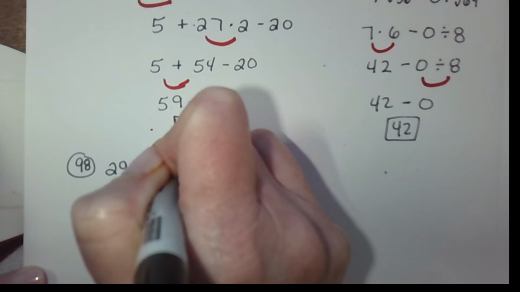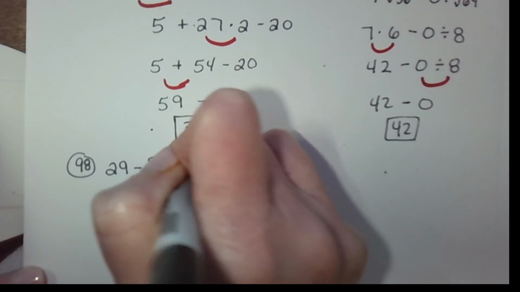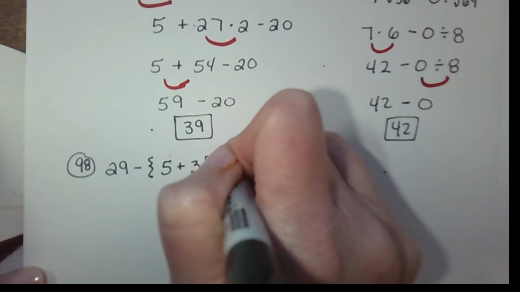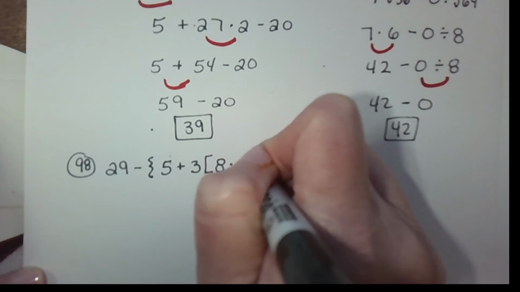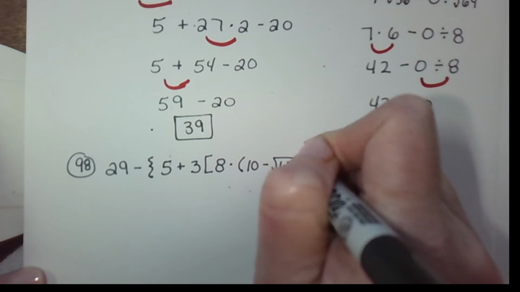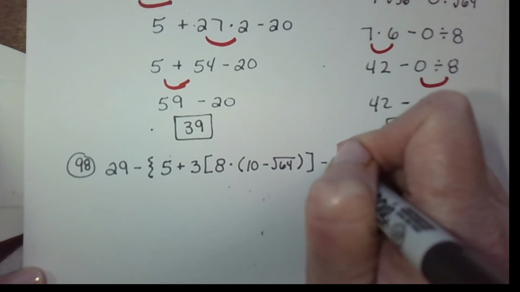Okay, that's 29 minus, and then a bracket, 5 plus 3, bracket, 8 times 10 minus square root 64, close parenthesis, close bracket, minus 50.